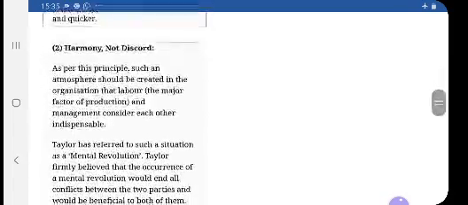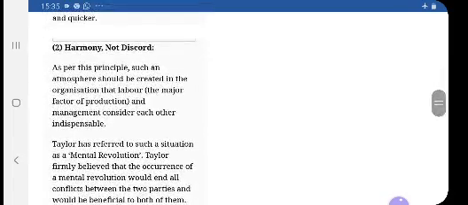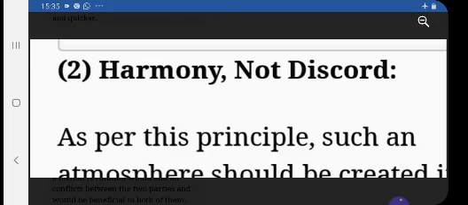Now come to the second principle. The second principle refers to harmony, not discord. Harmony between management and the workers. There should not be a conflict among the workers and management.